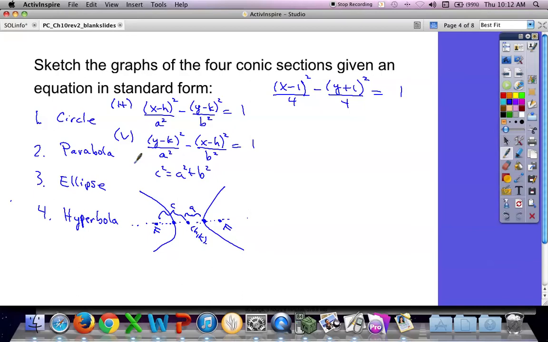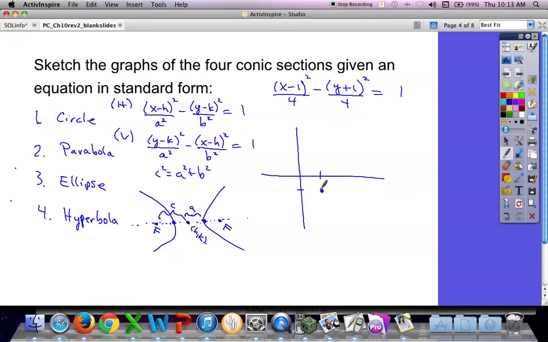Right? So is this example horizontal or vertical? Horizontal, because the first term is the x term, the positive term is the x term. Okay, so let's see. What is the center of this thing? (1, -1).